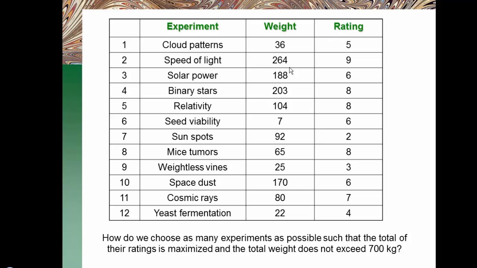For example, number 1, cloud patterns, has a weight of 36 kilograms and a rating of 5. Number 2, speed of light, has a weight of 264 and a rating of 9, which is close to the highest score. How do we choose as many experiments as possible such that the total of their ratings is maximized and the total weight does not exceed 700 kilograms?